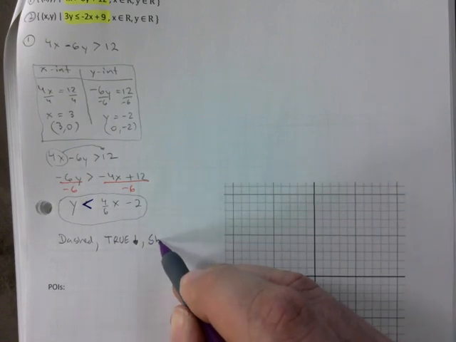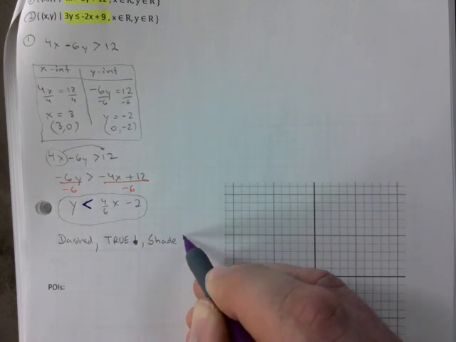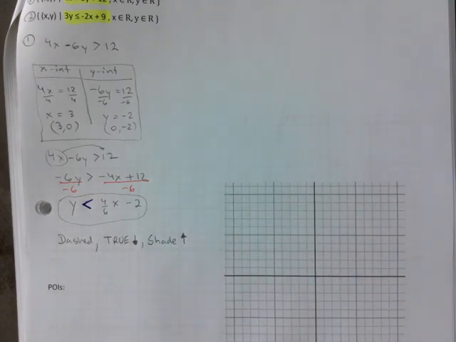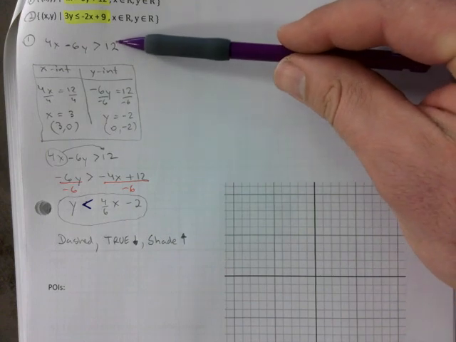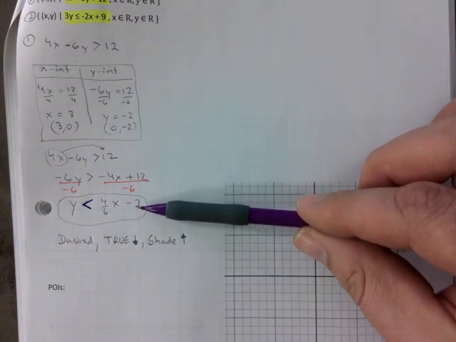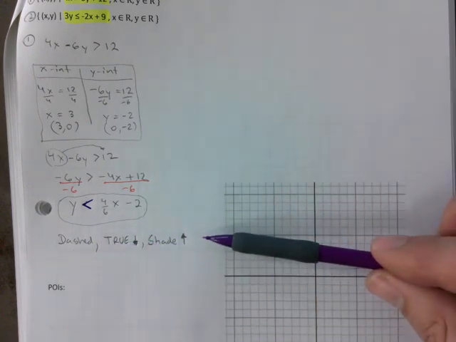We would be shading above. We shade the opposite region from where the true region is, especially because this is a system. So I want you to do this every time. You take your inequality, find the intercepts, rewrite, and then gather this information.